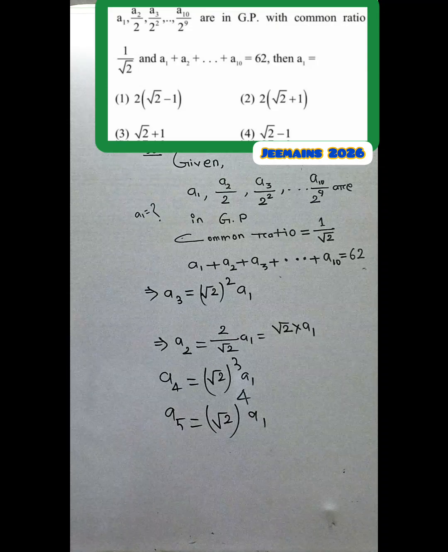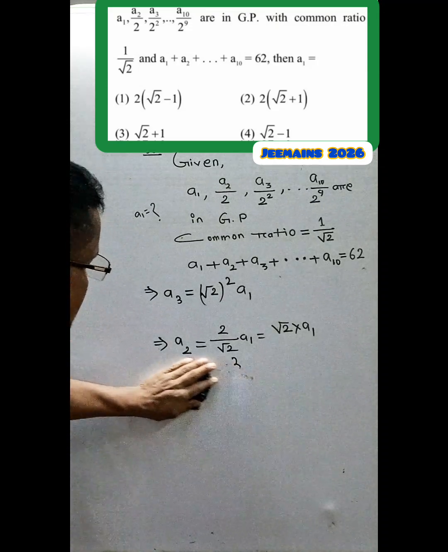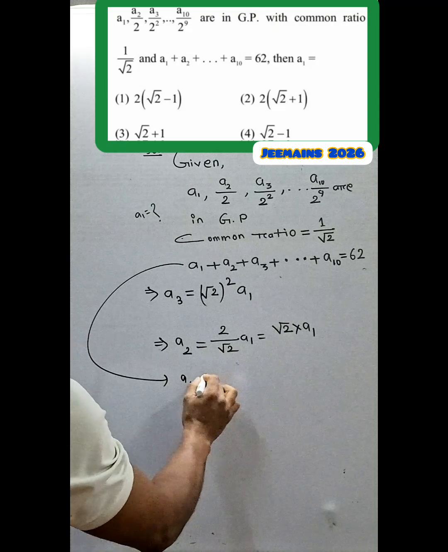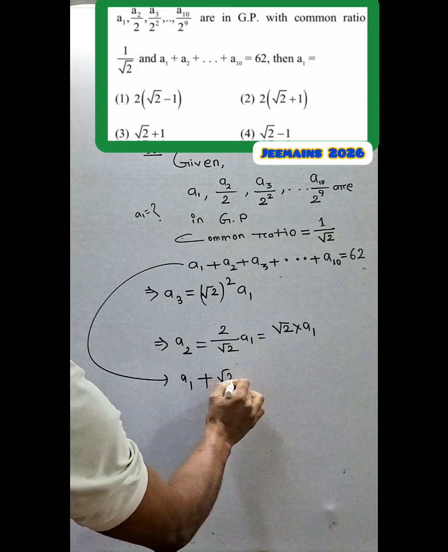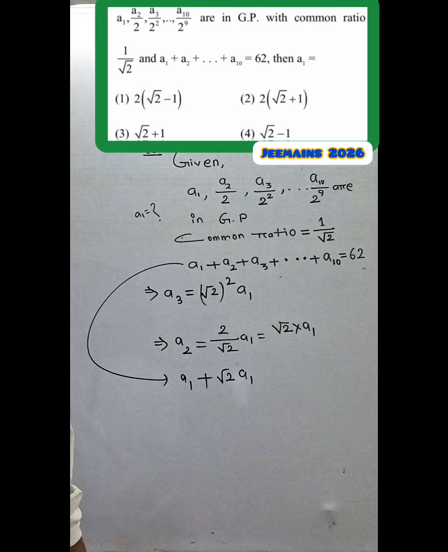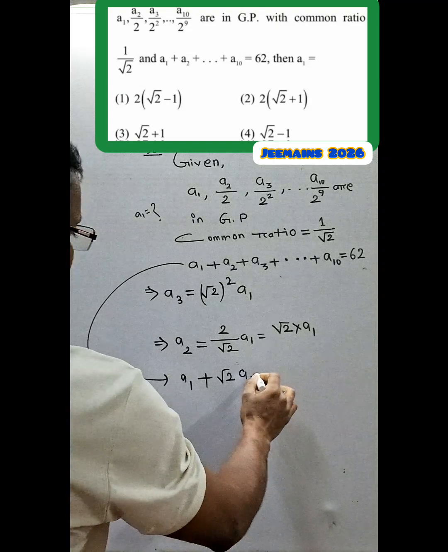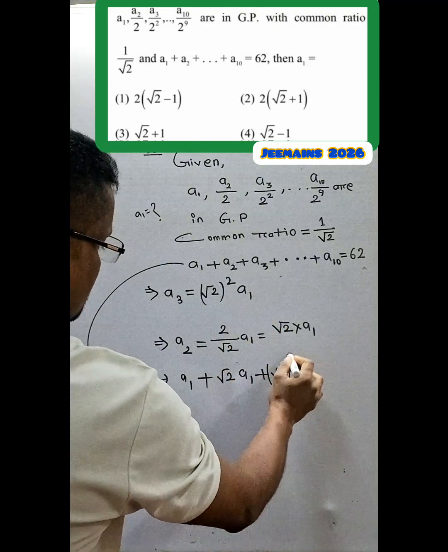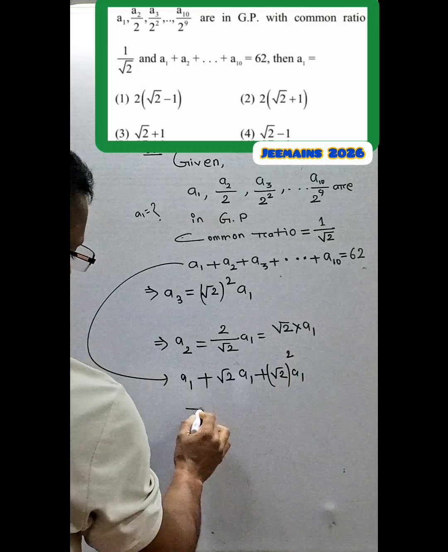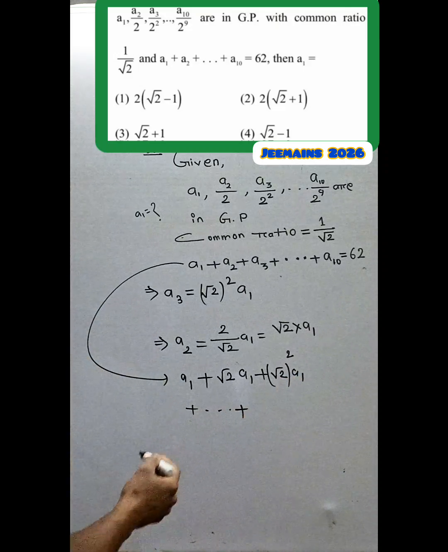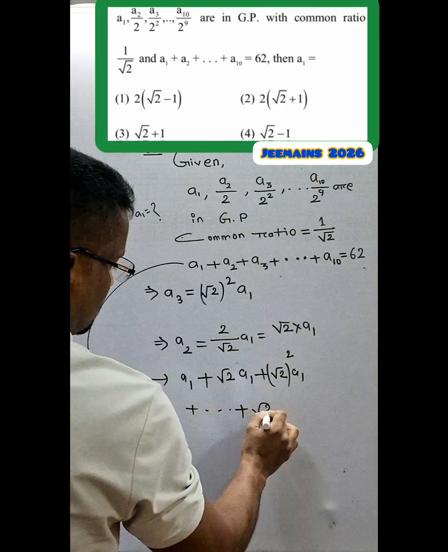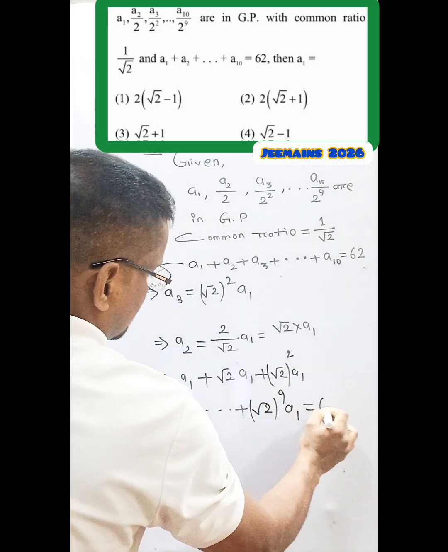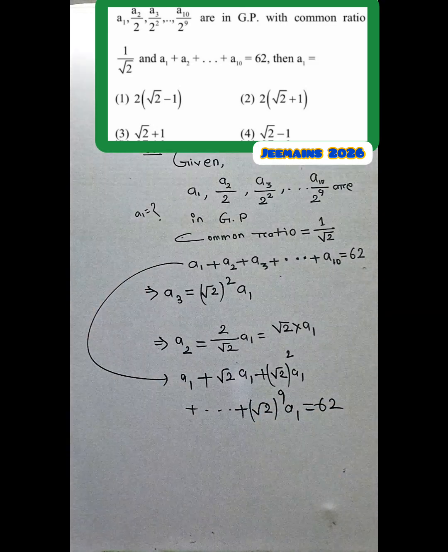So from here we can say this series A1, A2, A3 can be written in terms of A1 only. If we write it, A1 as it is, plus the value of A2, root 2 times A1, plus A3 means root 2 whole square A1, plus so on, plus A10 means root 2 whole to the power 9 A1, which is equal to 62.